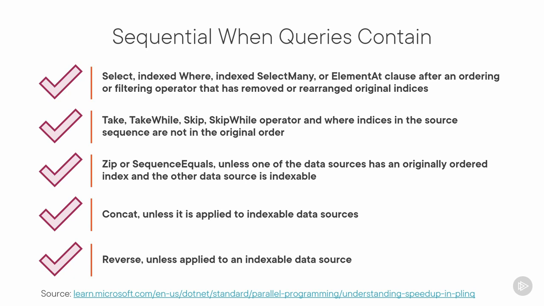To help you determine this, here's a list from the Microsoft documentation on what to look for and when the parallel query will choose to run sequentially. If you are finding that your parallel queries are choosing to run sequentially, you may only need to refactor your code slightly to make sure that it runs in parallel.